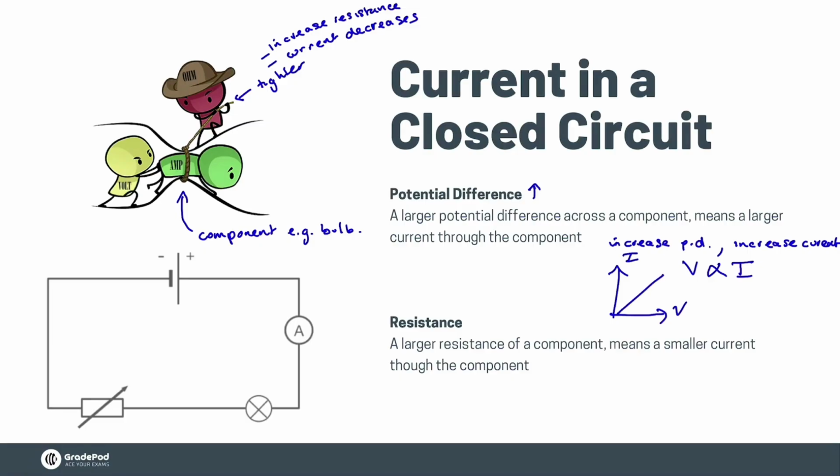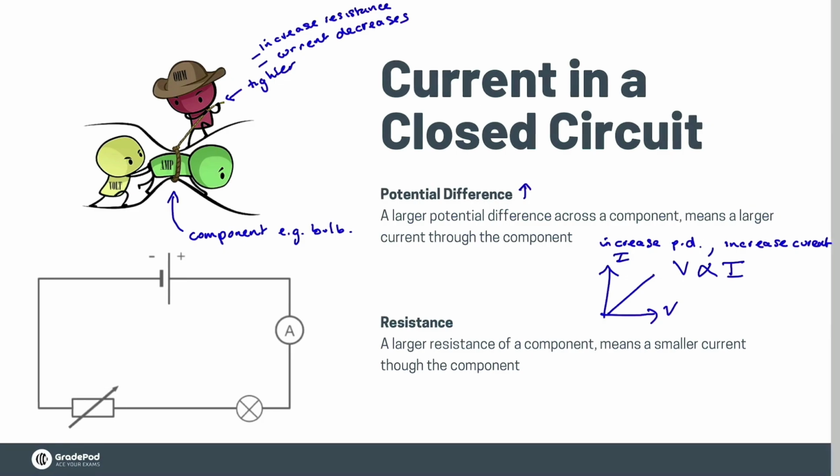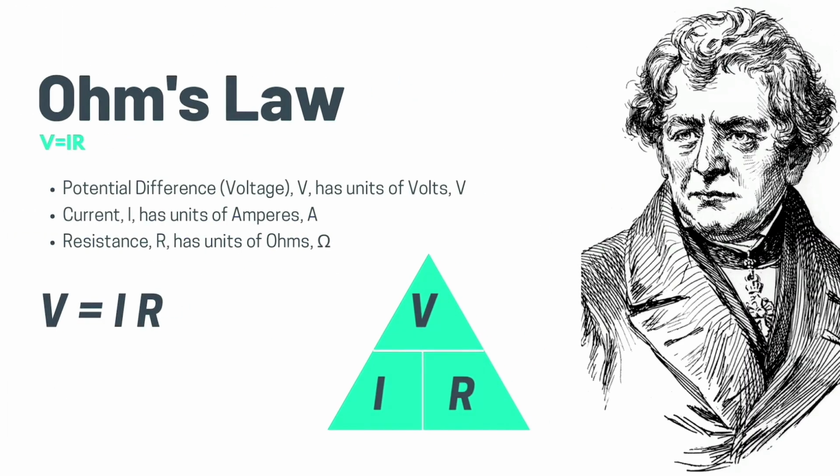And those two relationships that have been observed were identified by George Ohm, who is a German scientist, and he came up with Ohm's law. And Ohm's law is otherwise known to you as V equals IR. And it's really important that you're able to use this formula. V stands for potential difference or voltage.